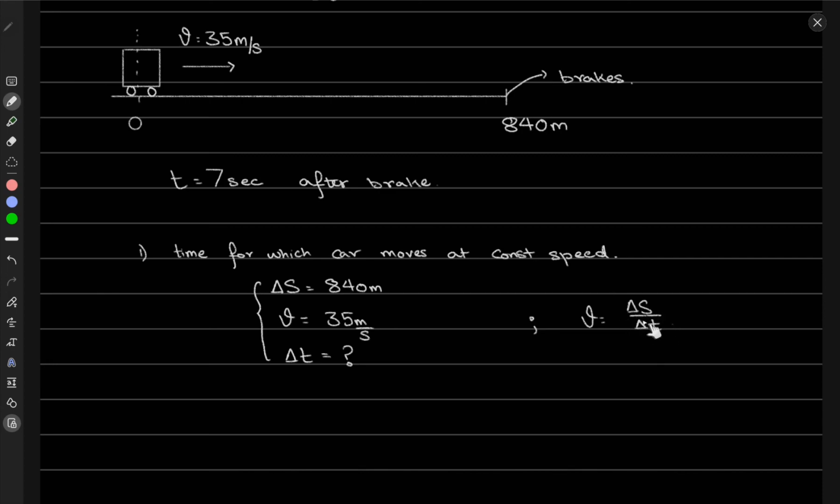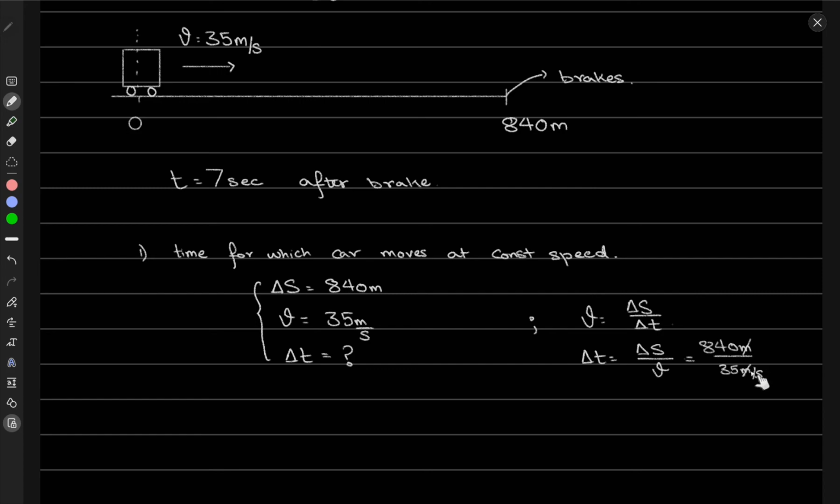Now it's just a matter of rearranging this expression for delta T. So delta T is equal to delta S by V. If I just put the values in this, delta S is 840 meters divided by velocity, which is 35 meters per second.